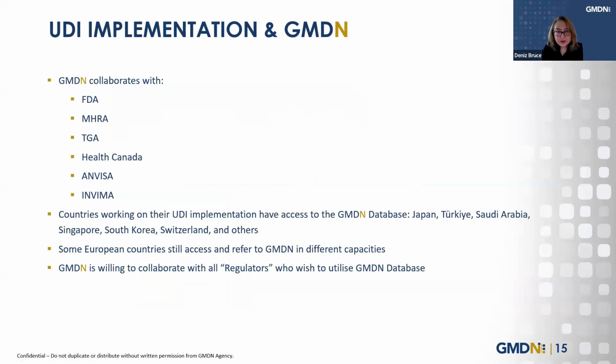We talked about the UDI implementation. Beyond the UDI implementation in the UK and the US, there are other countries working on their UDI implementation and having access to GMDN. Europe works with EMDN as a preference in their UDI implementation, but we still see some European countries accessing and utilizing GMDN, especially in asset management and registry programs.